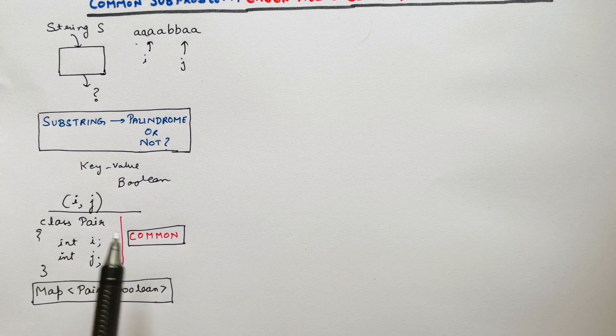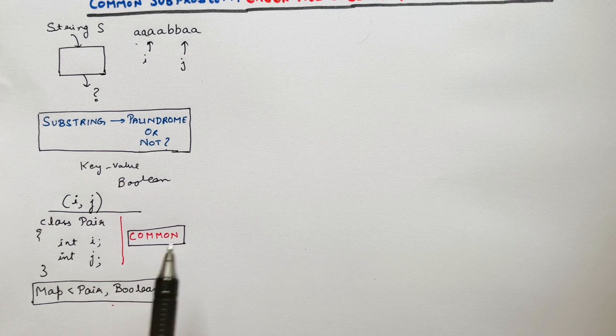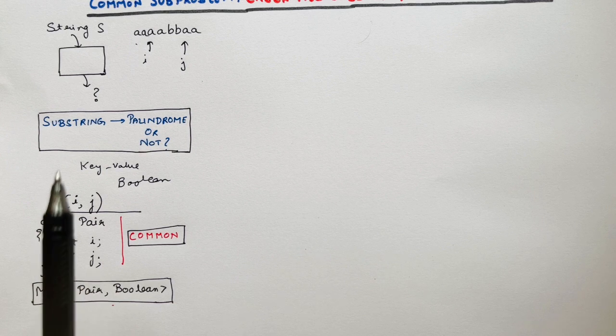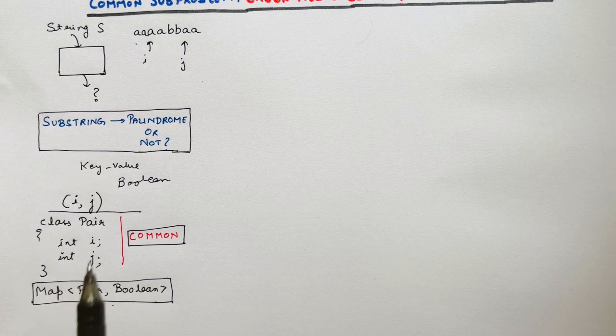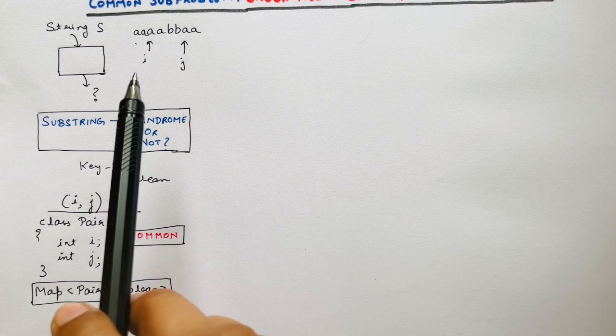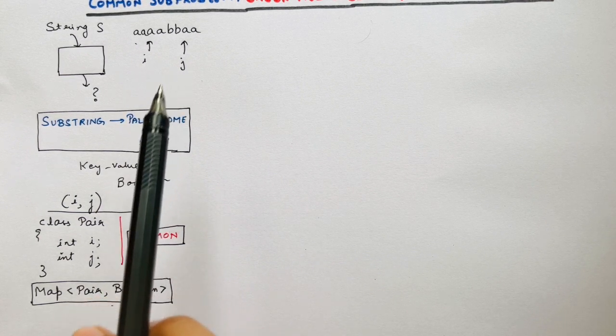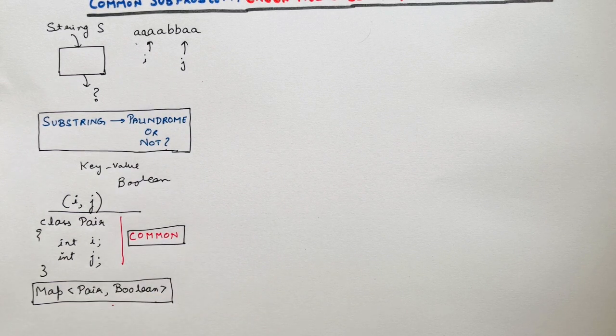We have to define custom data structures to represent input or output or anything that is even intermediate. So once we have this new class Pair, how do we represent our output? We can represent it in the form of a map of Pair comma boolean. So Pair is the representation of our key. That way, for an i comma j pair, we can say whether this was a palindrome or not.